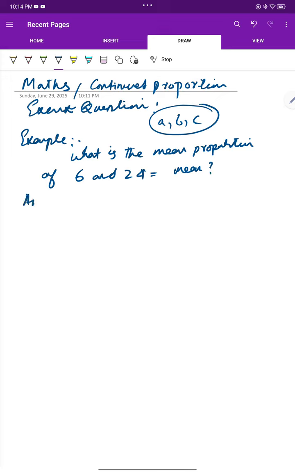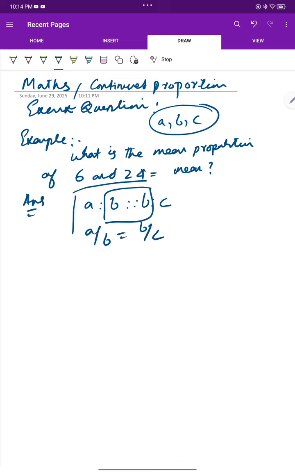So the answer is, by definition, we can say that the ratio A to B and B to C. So this is the mean. Like we can write B by C. Keep in mind that this is an exam question.